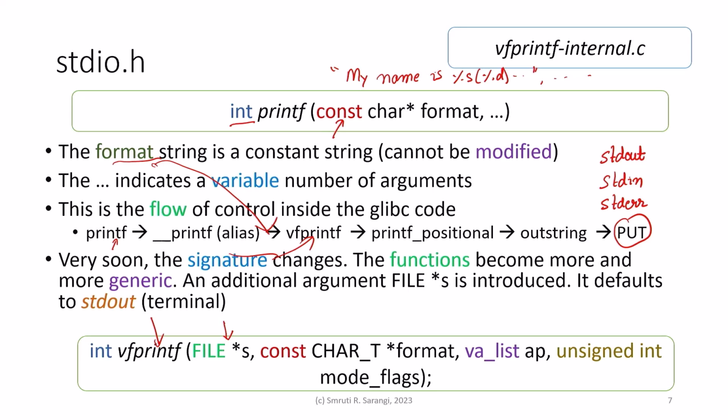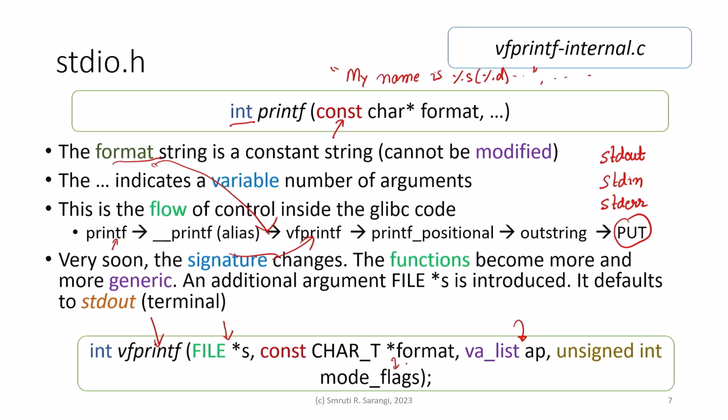The first argument is what you are printing it to. The next argument is the format string. Then this is again another C internal glibc data structure, which is a list of the arguments, right? The printf arguments. And finally, some broad flags.